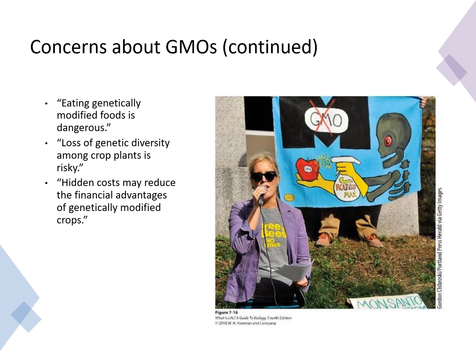And then the last concern about GMOs is that hidden costs may reduce the financial advantages of genetically modified crops. This is more of a concern with greedy companies rather than a problem with GMOs themselves. Companies will engineer sterility, the inability to reproduce, into these crops, which then forces farmers to buy new seeds each year, which you might be thinking sounds really awful.